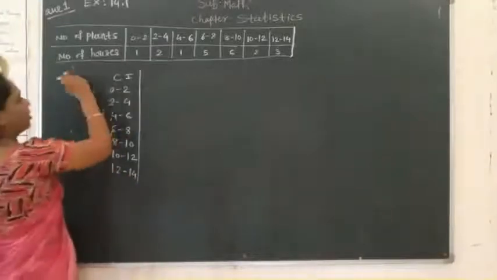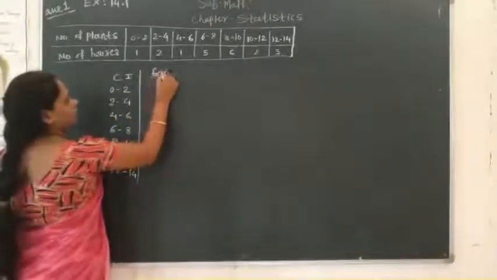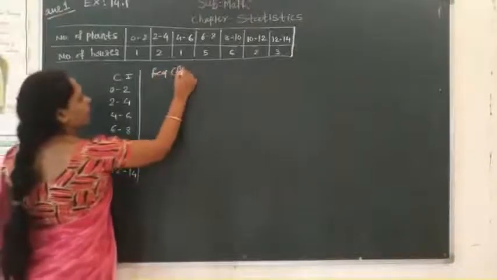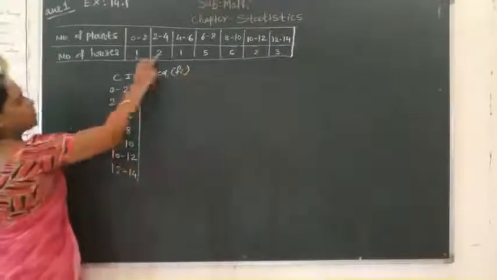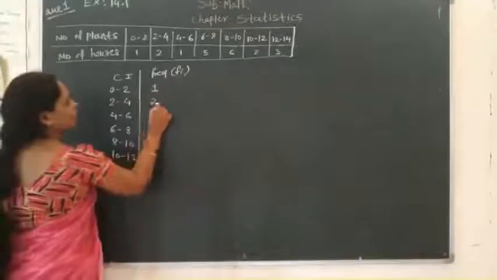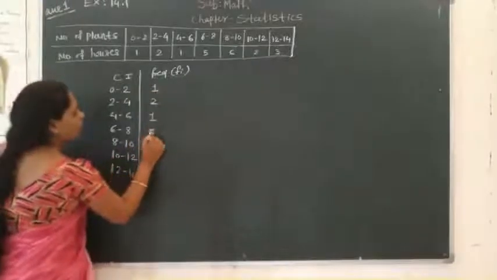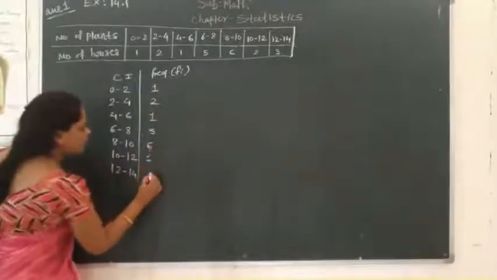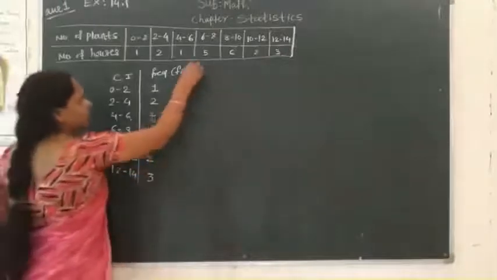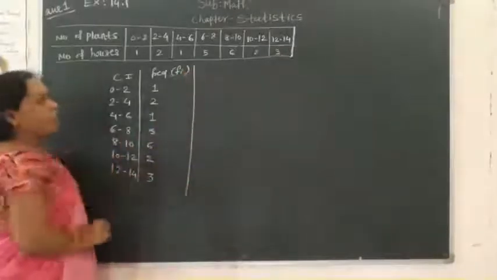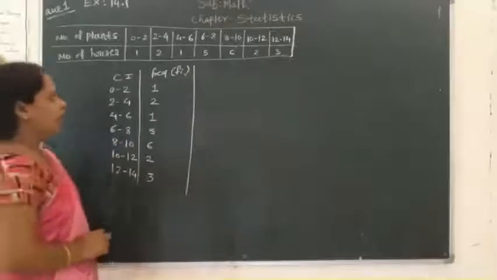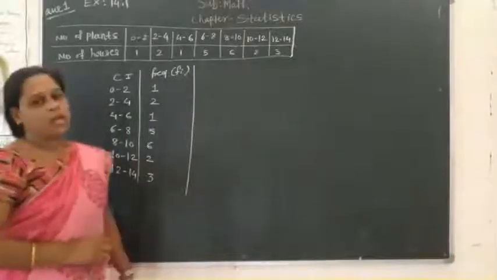The next column is frequency, denoted by Fi. The frequencies are 1, 2, 1, 5, 6, 2, 3. Now one more column is there, and that column is Fi Xi.